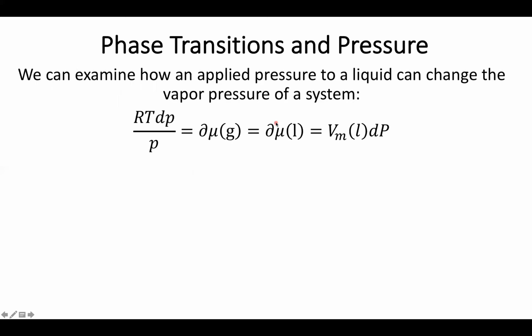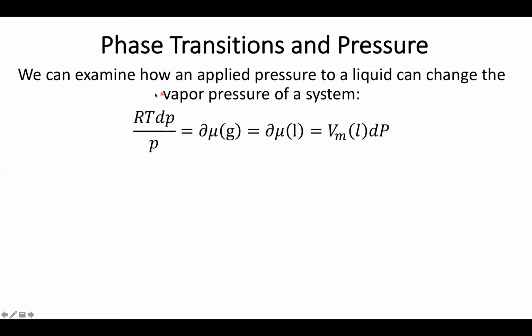We can analyze this by setting the chemical potentials of my gas and my liquid equal to each other. And since we're looking under isothermal conditions, what we can then do is ignore the temperature contribution from each of these variances.